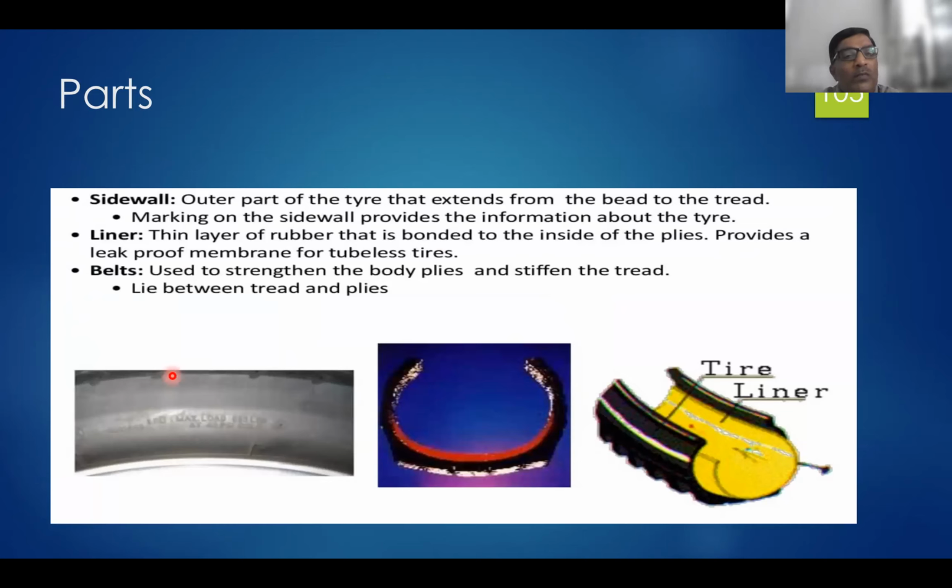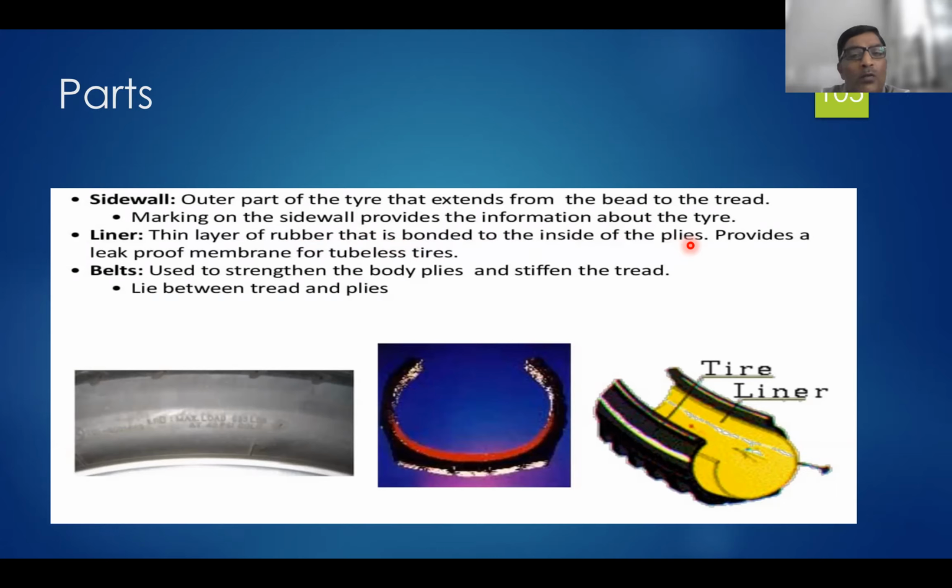Another component is the sidewall, the outer part of the tire that extends from the beads to the treads. Then this one is the liner, a thin layer of rubber that is bonded to the inside of the plies, the rubberized fabrics we have seen in the previous slide.